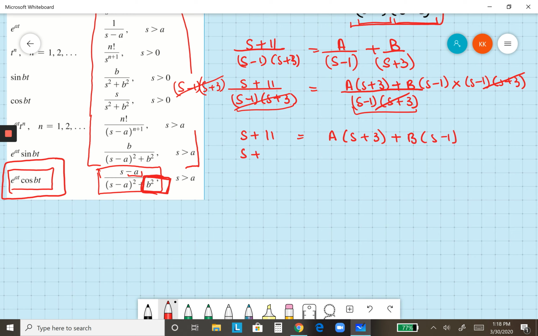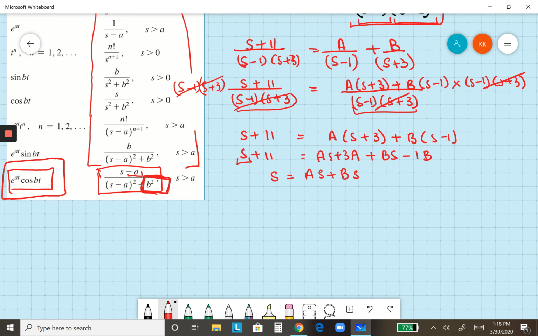So further solving it, we'll get As plus 3A plus Bs minus B. So since we have s on the left hand side, we can say that it's equal to As plus Bs.